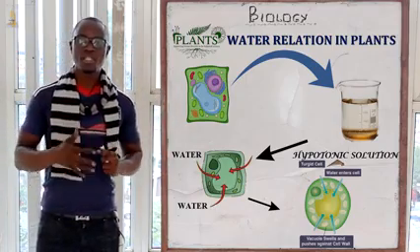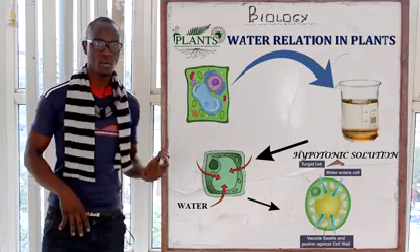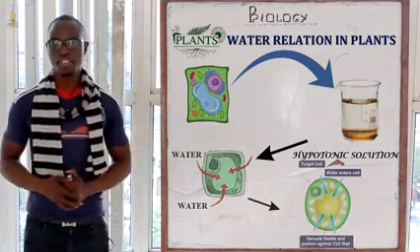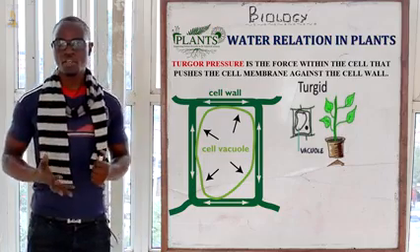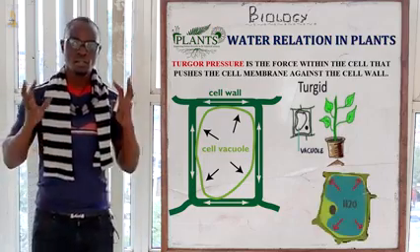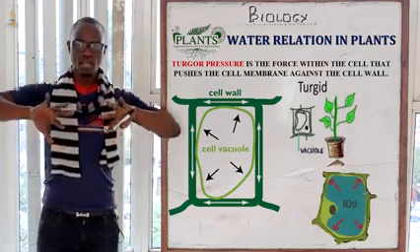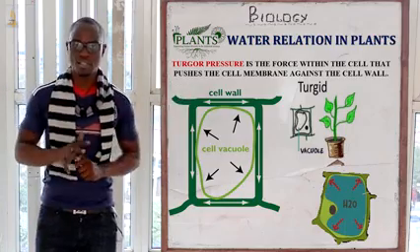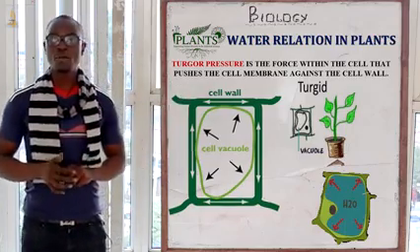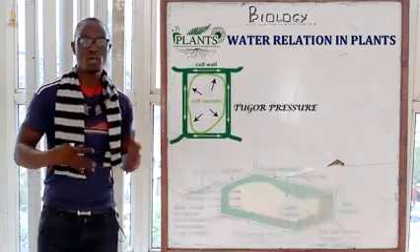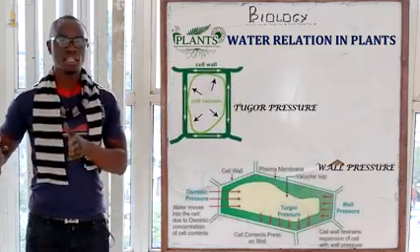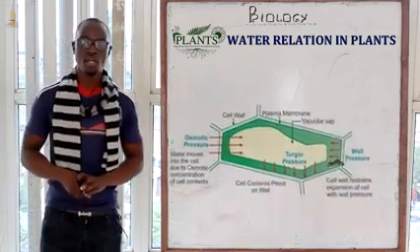The pressure it exerts on the cell wall is called turgor pressure. Turgor pressure is the enlarging of the vacuole, expanding and applying a lot of pressure on the cell wall, covering the cell. Therefore, the cell wall again will impart its pressure against the pressure created by the vacuole, which is called the wall pressure.